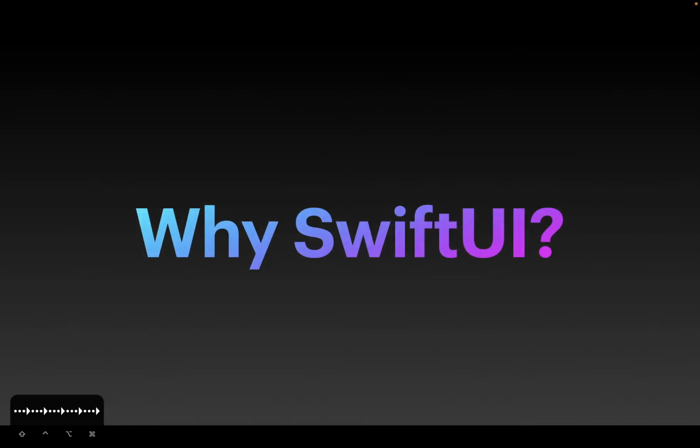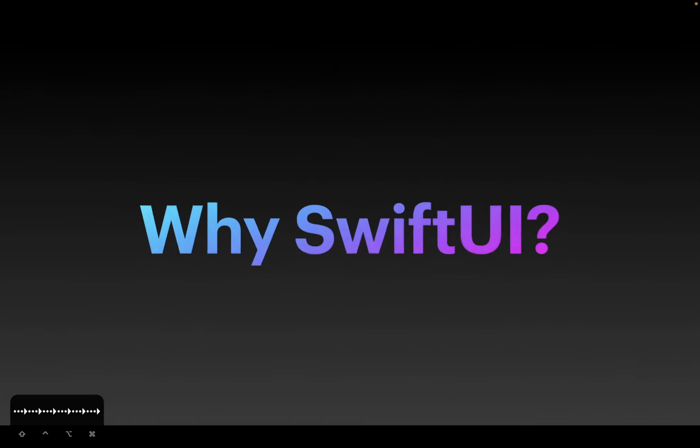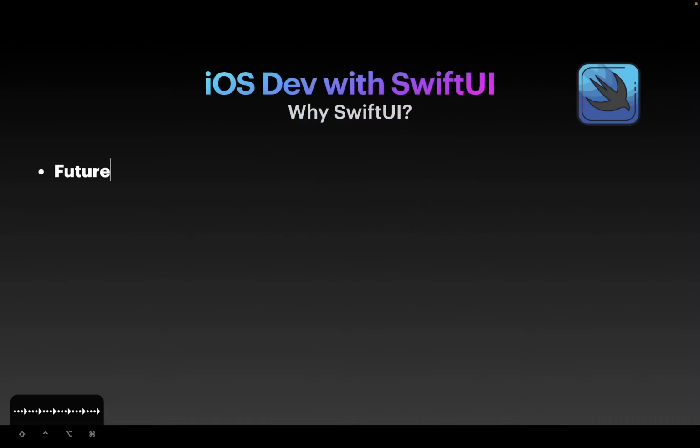Now, the most important question is why we choose to use SwiftUI. First, it's the future. Apple released it to replace the old way of doing UI, which is storyboard. Have any of you heard about storyboard before? Okay, anyway, storyboard is a pretty old technology, and SwiftUI is the new one, and it's the future.